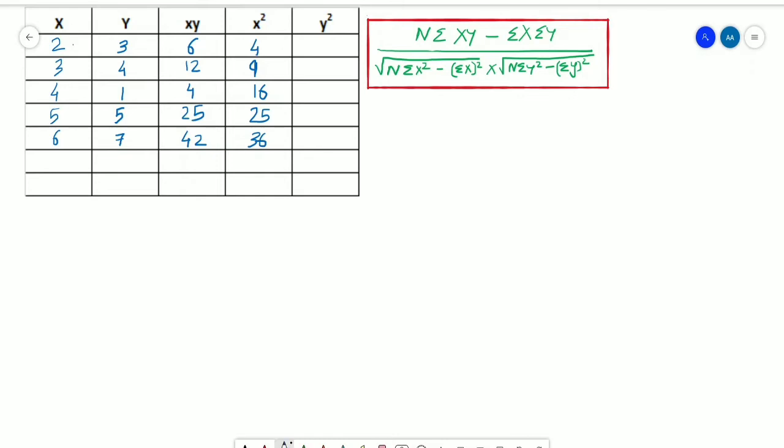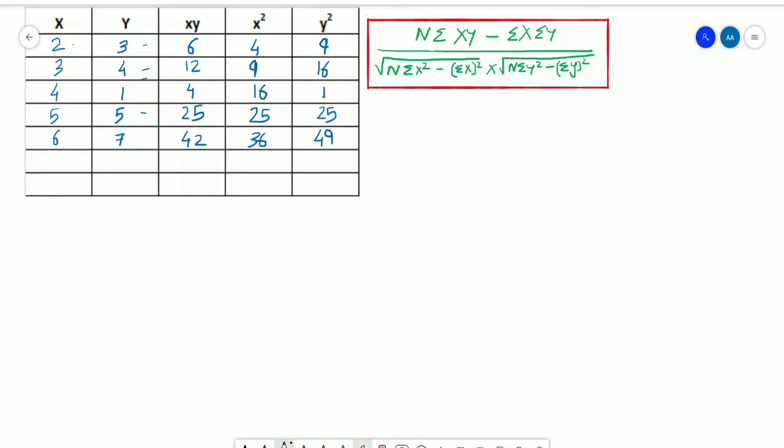Next we will be calculating the value of y square. 3 square is 9, then 4 square is 16, 1 square is 1, 5 square is 25, and 7 square is 49.